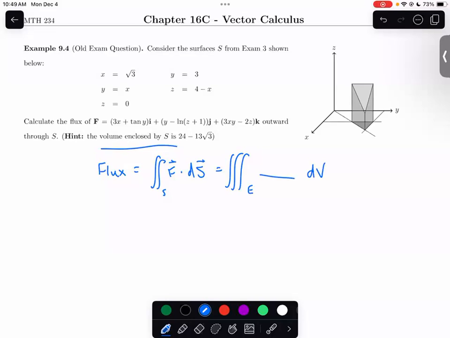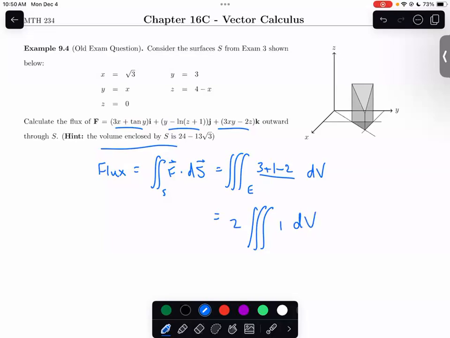And so we need to look at our vector field, taking the partial derivative with respect to x of our first component, the partial derivative with respect to y of our second component, and the partial derivative with respect to z of our third component, which all turns out to be very nice. 3 plus 1 minus 2 is just 2, which you can bring out if you'd like.